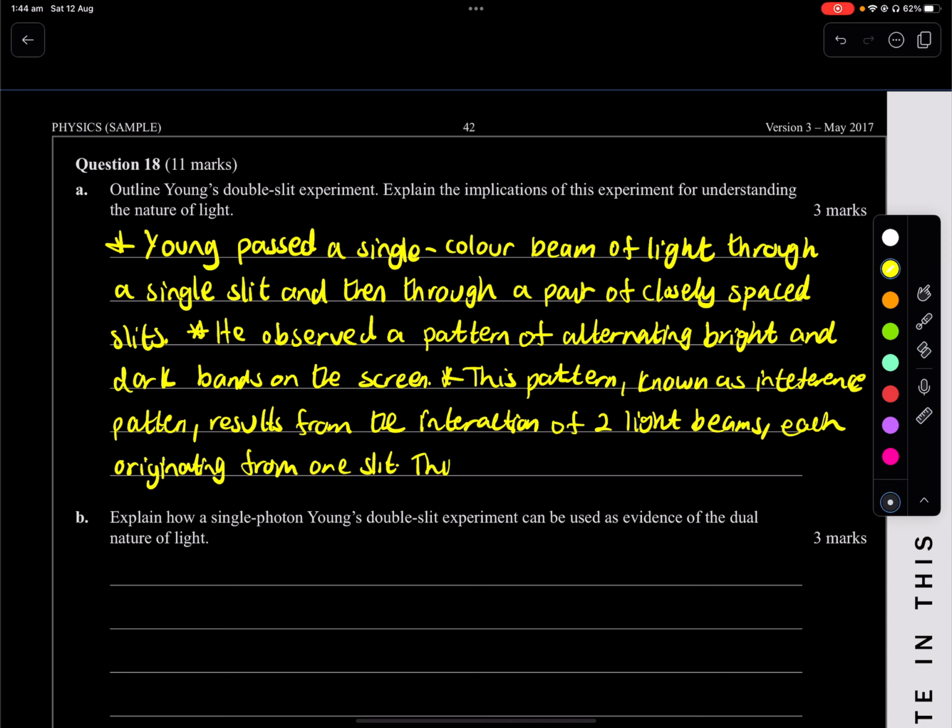This phenomenon is caused by wave interference.